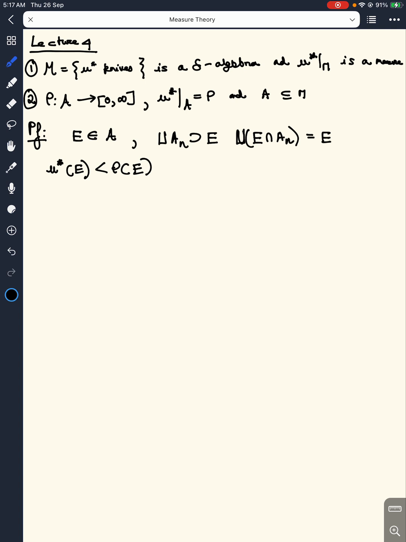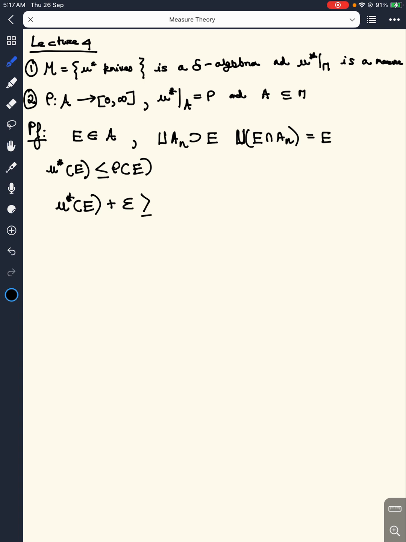So what we can do is this, which is a standard disjointification technique. Take mu star of E, and suppose it is finite. If it is infinite, then it is done. Take an epsilon greater than 0.